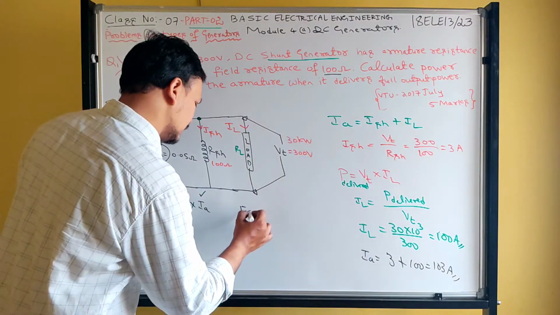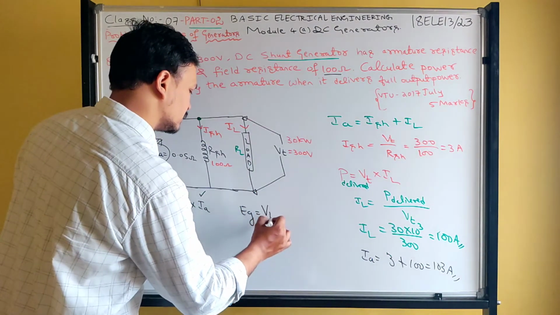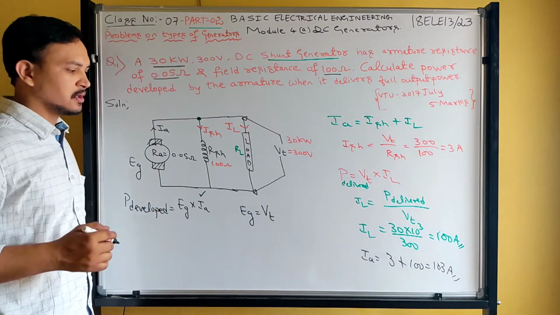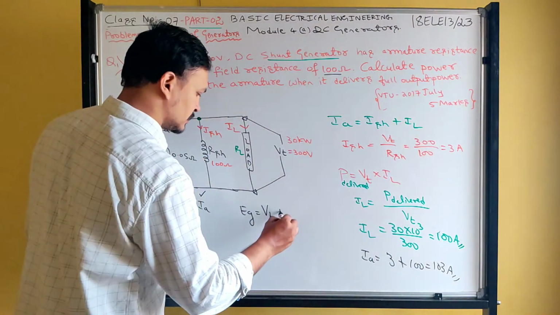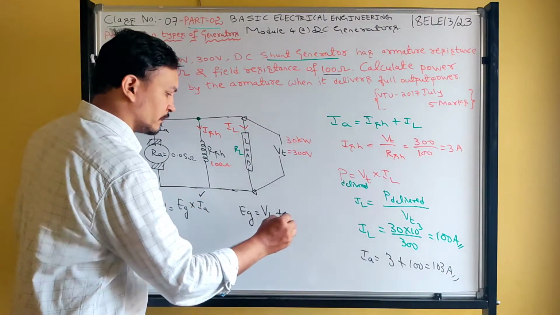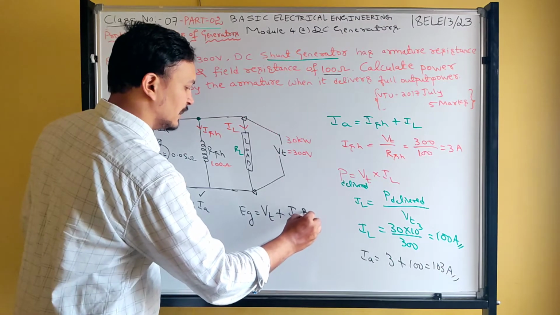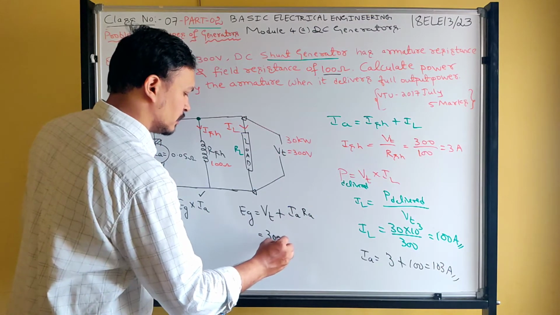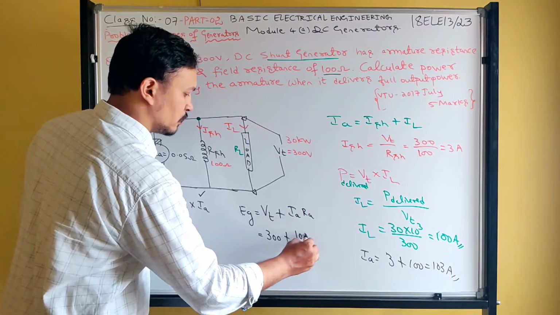How to find Eg? You should apply KVL for the outer loop. That is called the voltage relation. You must remember all such relations. Voltage relation of DC shunt generator is Eg is equal to Vt plus IaRa. What is terminal voltage? 300 plus what is the armature current? 103.